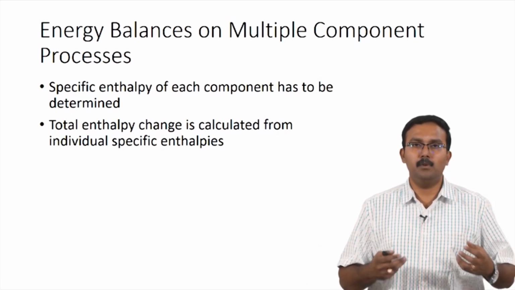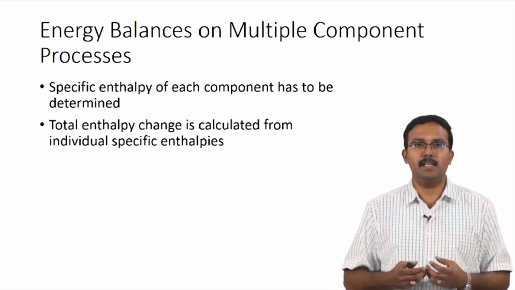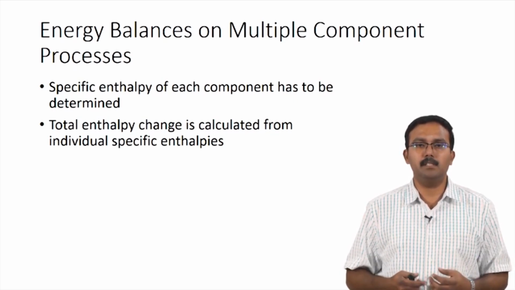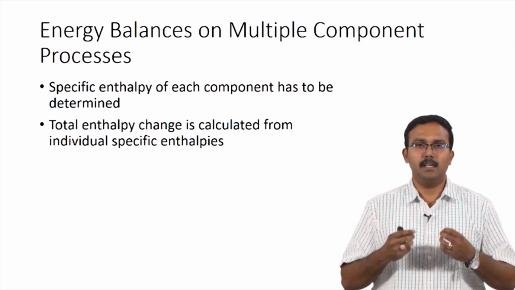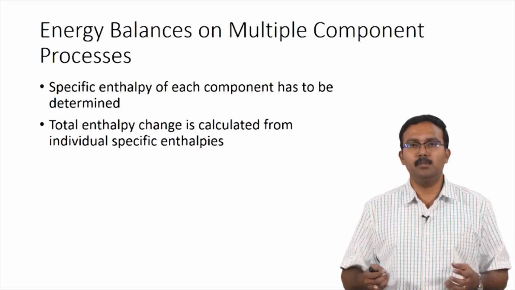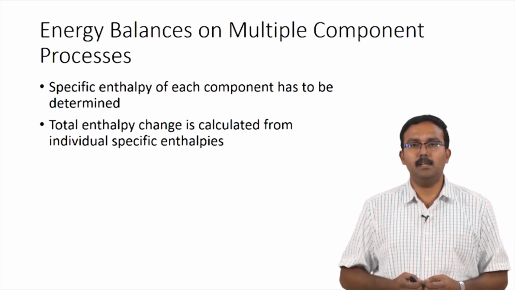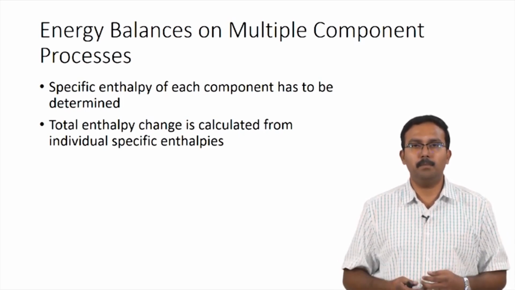Based on this, we would be able to calculate the total enthalpy of the system. So, this is measured and used for performing energy balance calculations in multiple component processes.